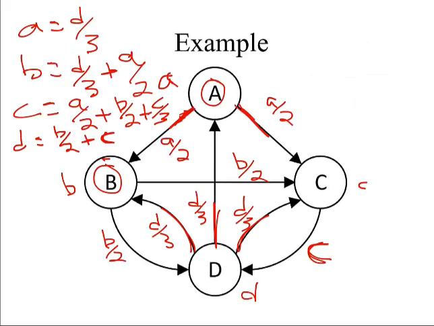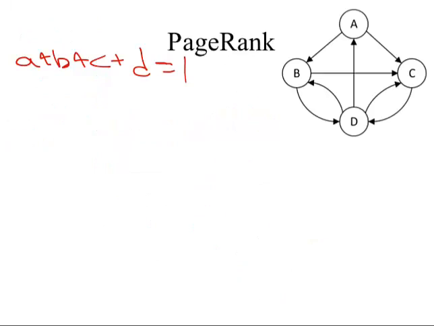So if we go back to check out our equations from the previous page, we see that we already have a simple relationship between A and D, just that A is equal to D over 3. So it looks like it would be very convenient if we got everything in terms of D, because we already have A. That's already done. So we already have now that A is equal to D over 3.